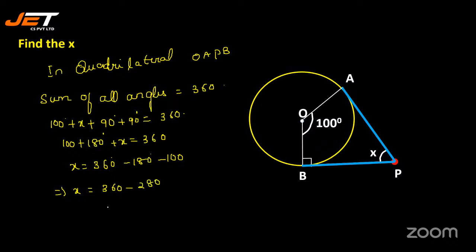Isn't it? Yeah. So x is equal to 80. 8 2s are 16, 2 plus 1 is 3, right? So the value of x becomes 80.